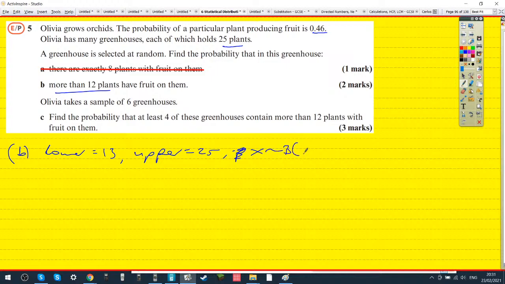I got 0.343. Let's say 5 sig fig. 0.3286. That has 4 sig fig.